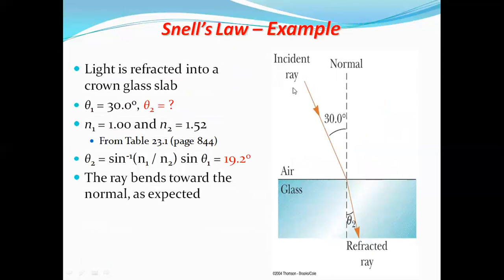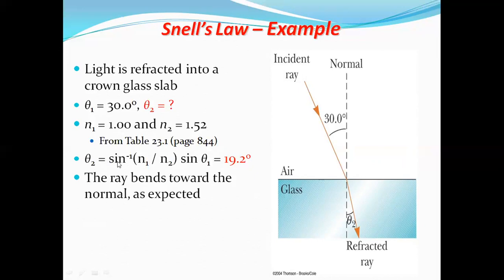And here is a practical situation. If the angle is 30 degrees, then the refraction angle is 19.2. This is a mathematical problem. We know this is air and this is glass, and the refractive index of air is 1 and the refractive index of glass is 1.52.